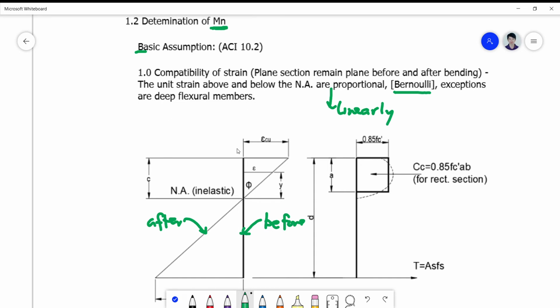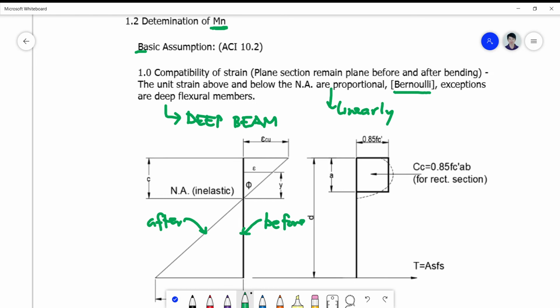So when I say deep flexural members, I am talking of the definition of deep beams here. Okay, so for deep beams, the compatibility of strain based on Bernoulli's concept is not fairly accurate. So we cannot apply this to deep beams.